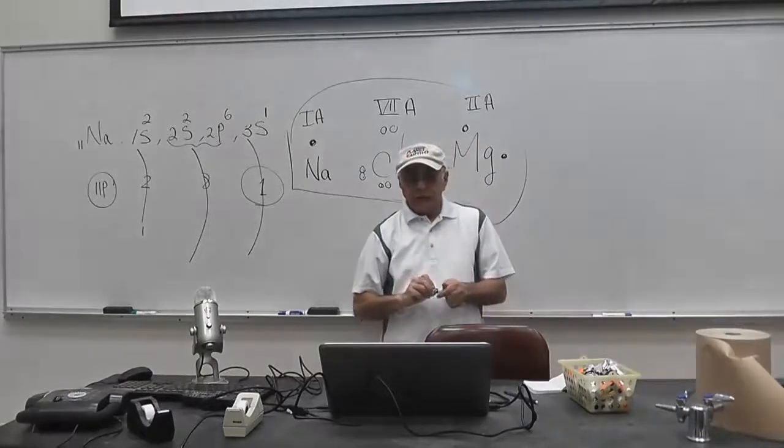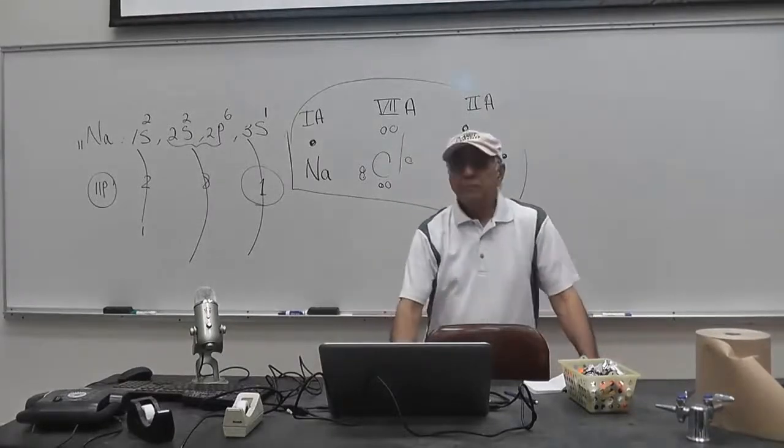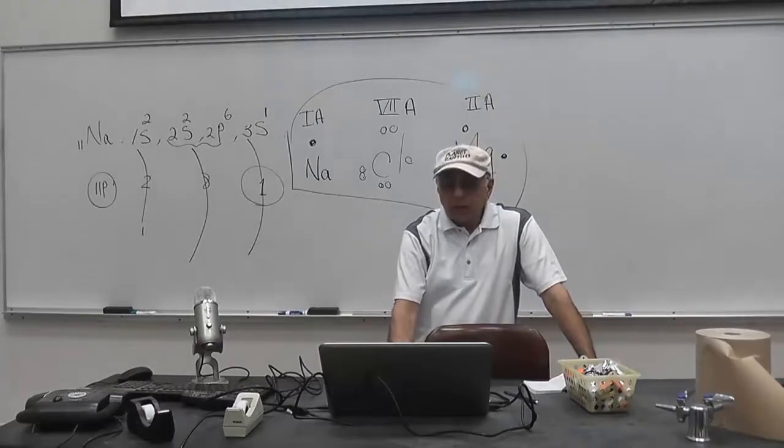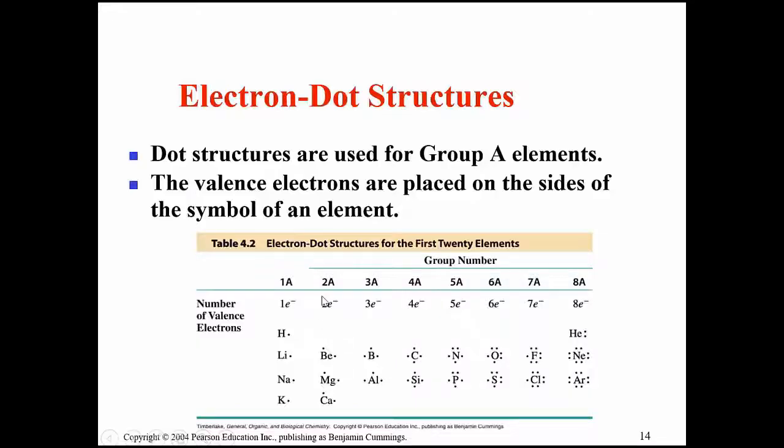So do you see, if I want to write the electron dot formula for beryllium, which is in group 2A, I must have 2 dots. Magnesium, group 2A, 2 dots. Calcium, 2 dots. You just show the number of valence electrons. That is going to suggest the behavior of these atoms.